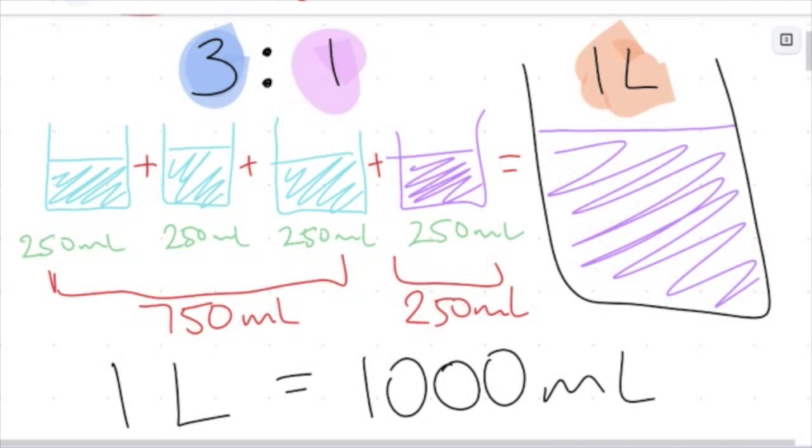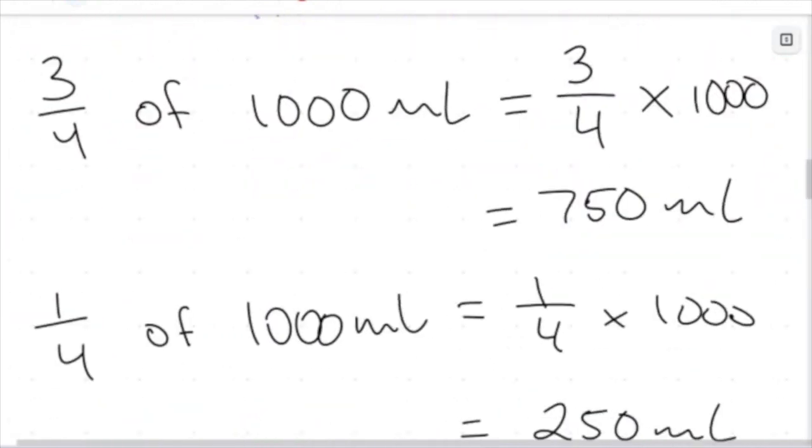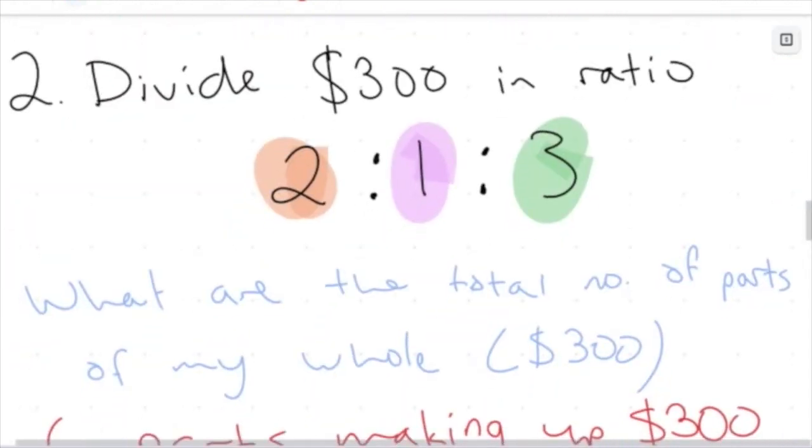And we always get this by just adding the elements in my ratio. Here we were adding 3 and 1. In the next question, we were adding 2 and 1 and 3. That gives us our parts, and then we can either approach it using fractions or using the unitary method.